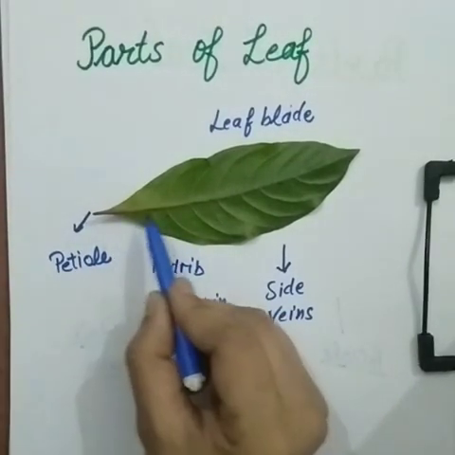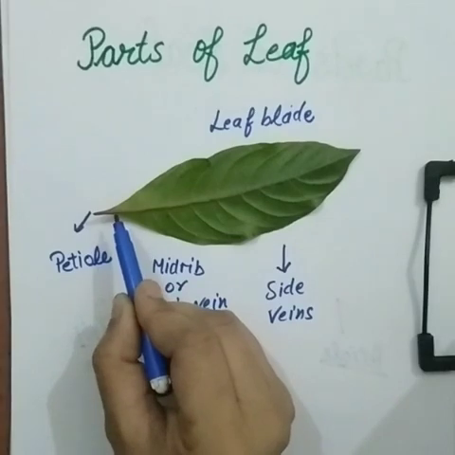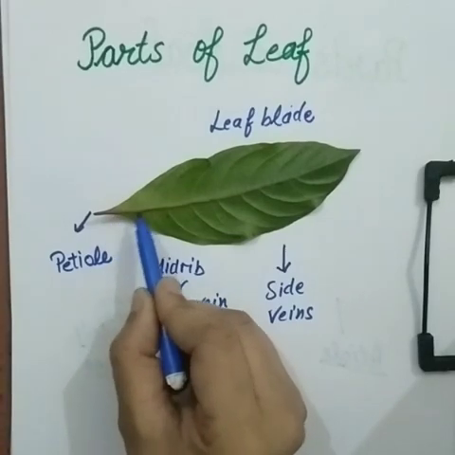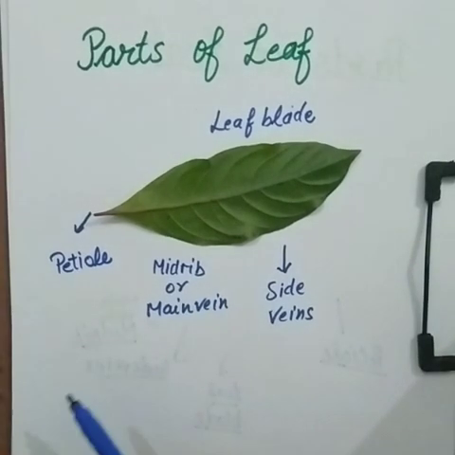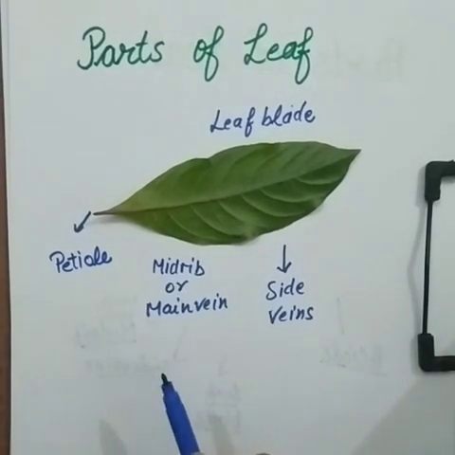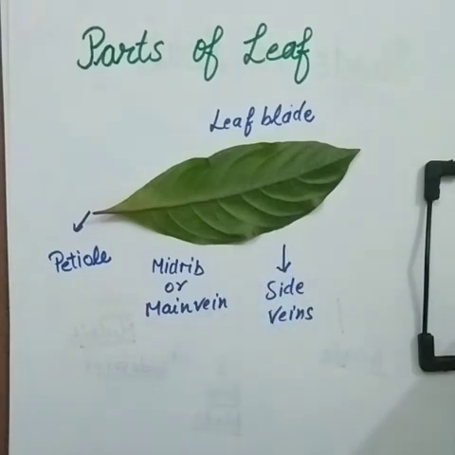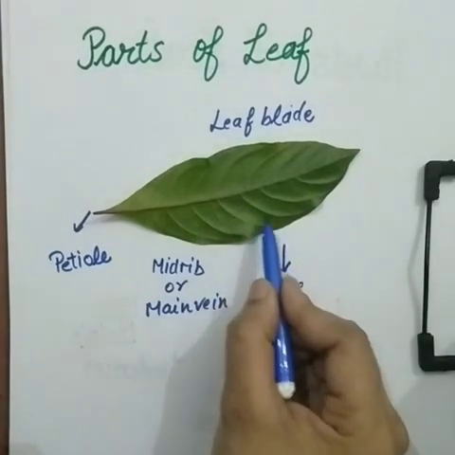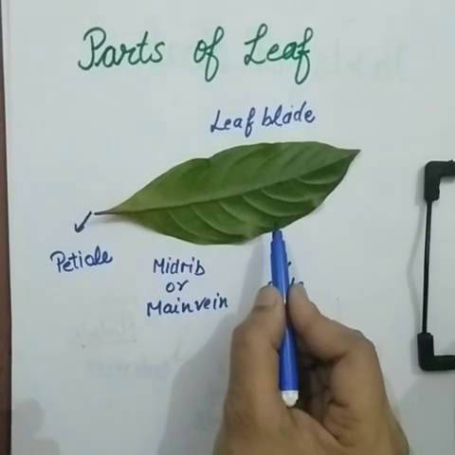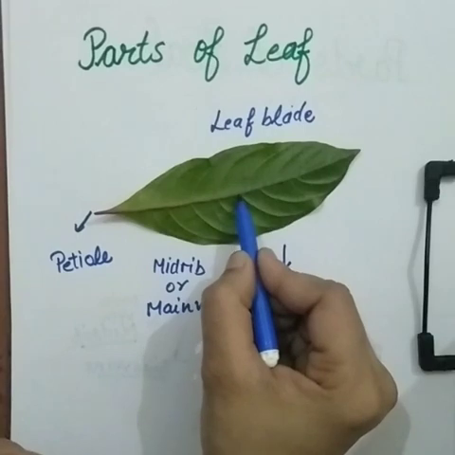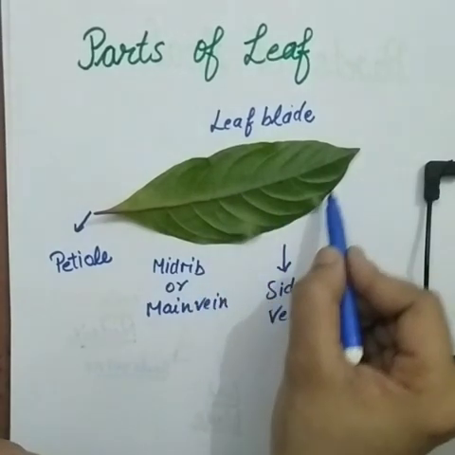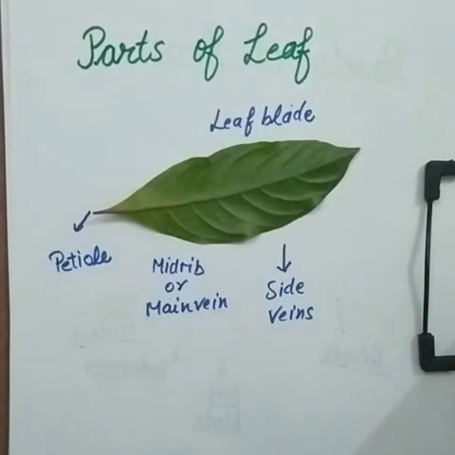See, this petiole helps a leaf to get attached with the branch. This is the midrib. It gives the shape to the leaf, first thing, and second, it also provides water and minerals to the leaf. So after that, we can see these branches which are called side veins. These branches transport the water from midrib to other parts of leaf.